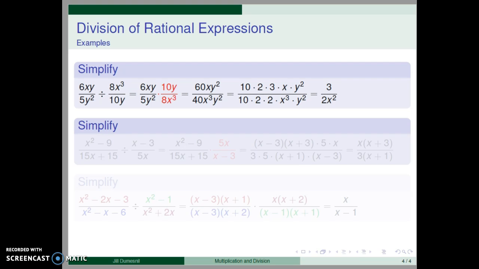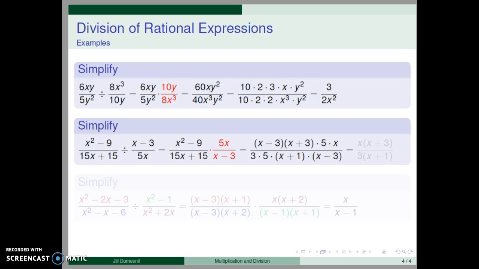Let's consider a harder problem. First, note that division by a fraction means multiplication by its reciprocal. So we get the first fraction times the reciprocal of the second fraction. Now, instead of forging ahead with the multiplication of numerators and denominators, we will proceed with multiplication as before, writing each numerator and denominator in factored form.